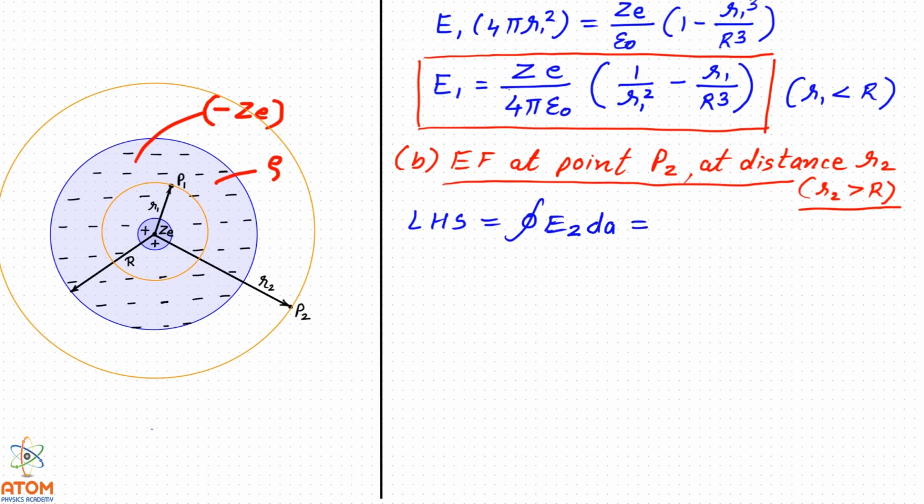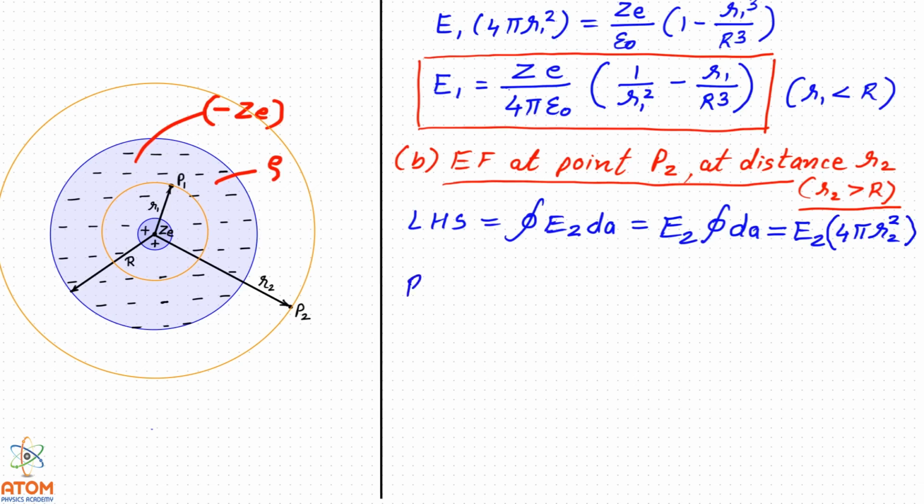Obviously it will be same everywhere, so I will again put it outside the integration and closed integration dA. So I'll get E2 closed integration dA will be 4 pi r2 square. That is the total area of the Gaussian surface, 4 pi r2 square.